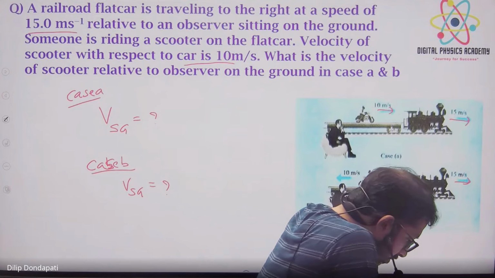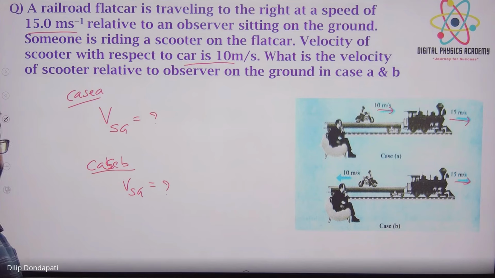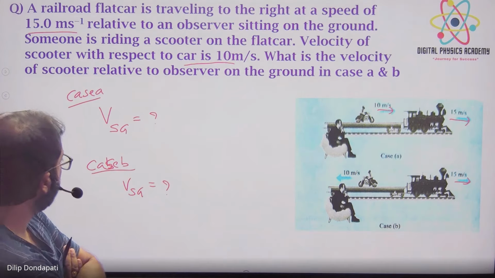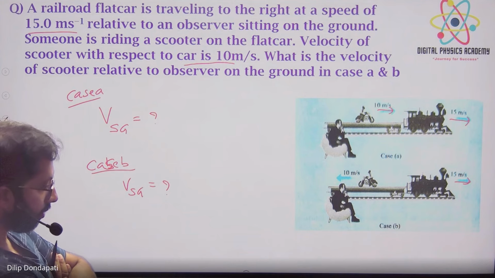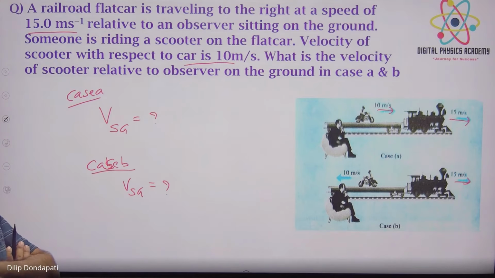Case A, how much did you get? Minus 5. Wrong. Sir, for case A, is it 25?